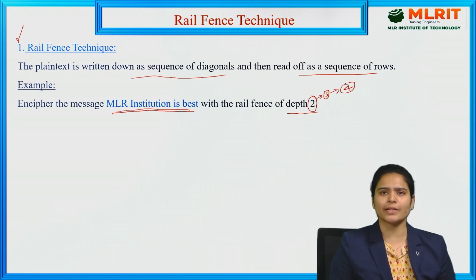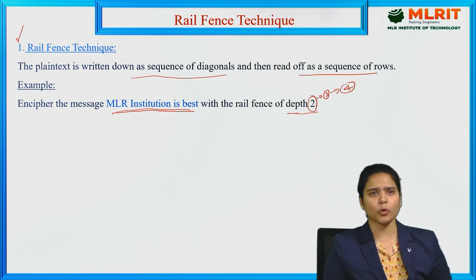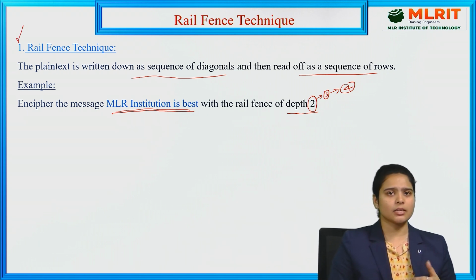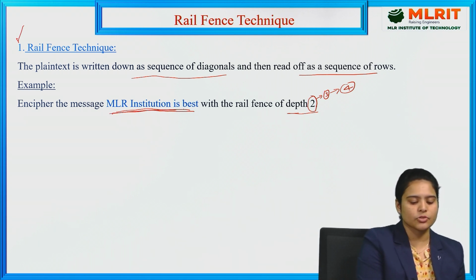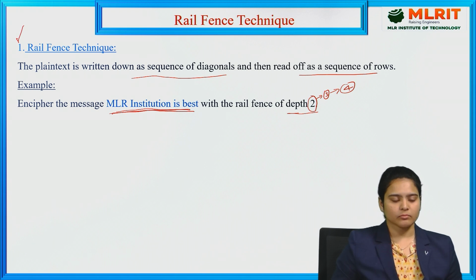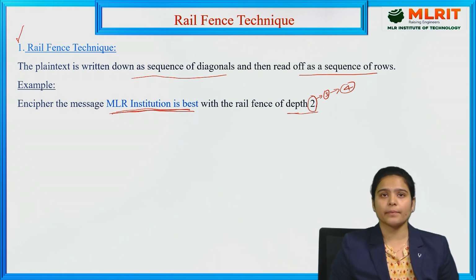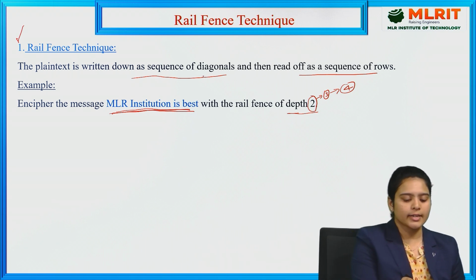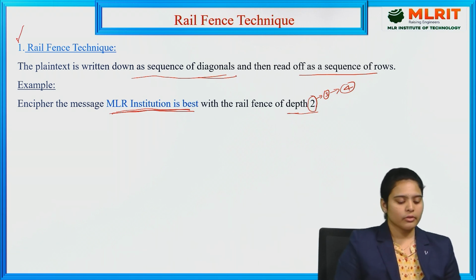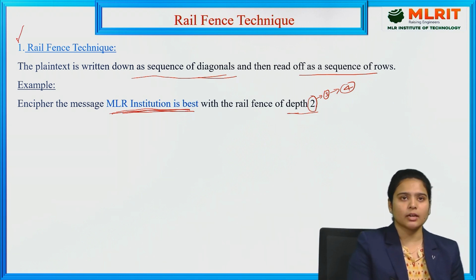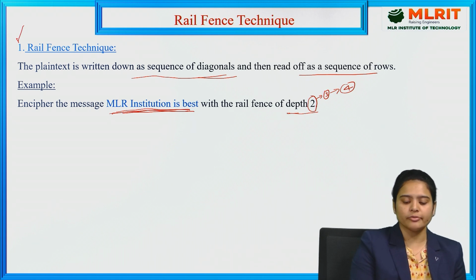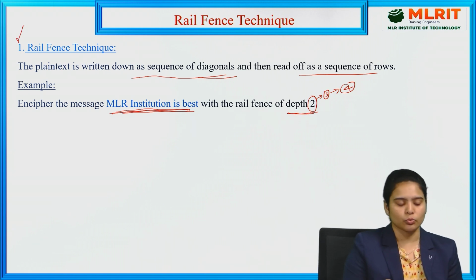Based on the question, we need to solve the problem. So for "MLR institution is best", I need to solve it with depth equal to 2.